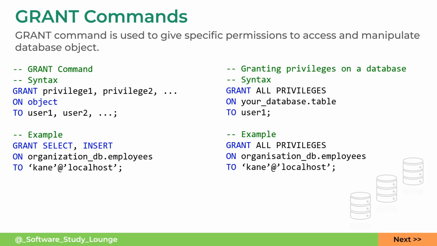Then granting privileges on the database: we can directly allow all the privileges like GRANT ALL PRIVILEGES ON database_name.tables TO user. Example is GRANT ALL PRIVILEGES ON organization_db.employees TO Kane. So that is the command.